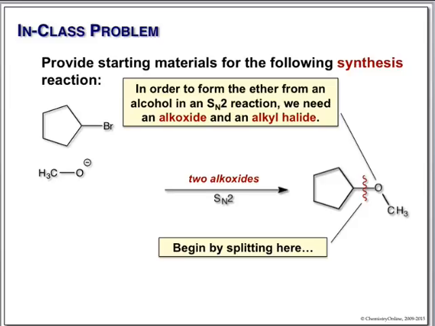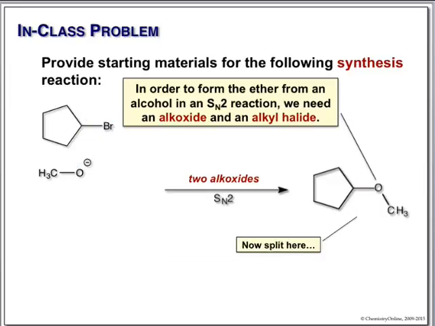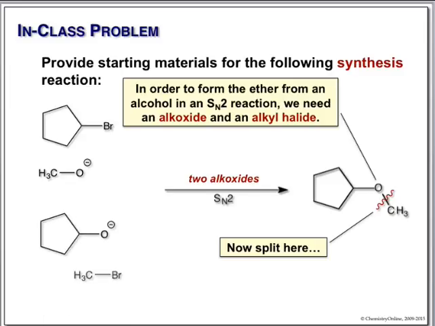Now the other side, if we split here, that means the alkoxide was this half of the molecule, and the alkyl halide was simply attached to the methyl group. So the other possible pair would look like this.